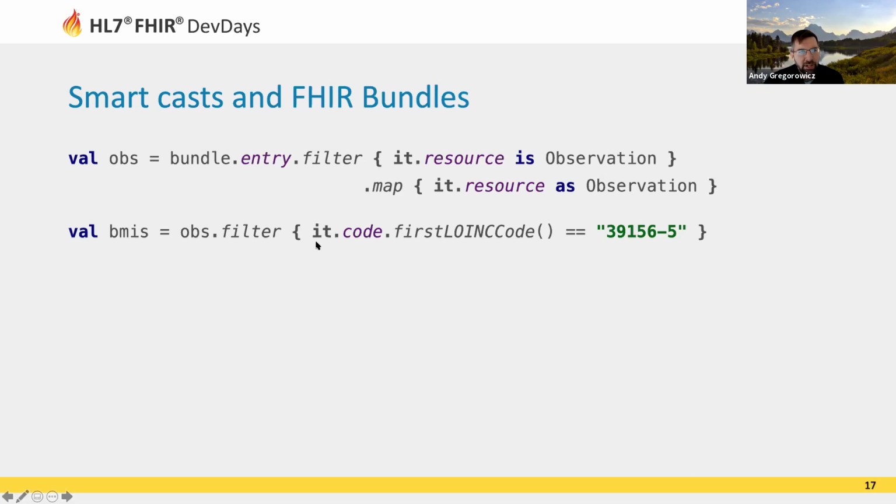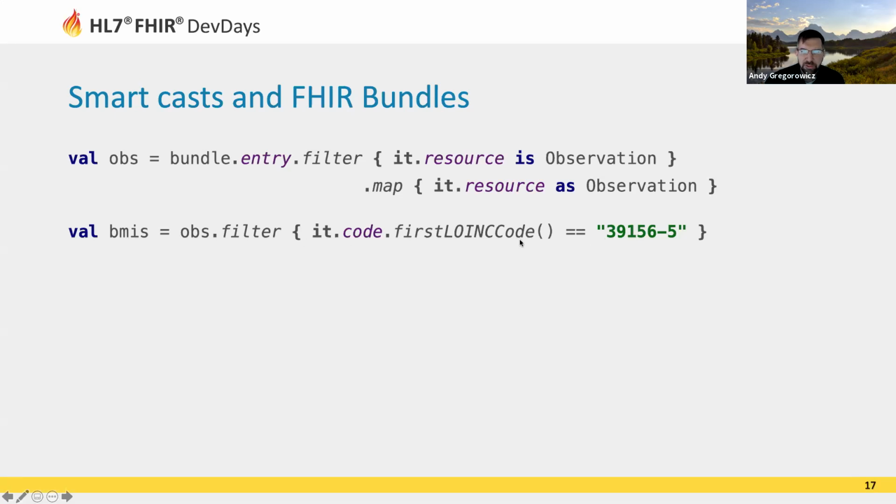And what you'll see is nice here is when I get down into the next operation that I wanted to go through to pull out the BMIs, I can do a filter again. Now it knows that this is actually a list of observations, so I can just call into code, and I built an extension function onto CodeableConcept that was similar to the extension functions that I was showing previously, where I have this firstLoincCode extension, which will just return to me the first LOINC code.